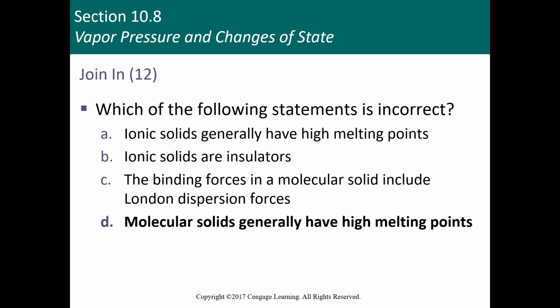So, for example, we have ice that you've probably had a lot of experience with, and you have things like CO2. They're all molecular, right? They would make molecular solids. And so you know that these do not have high melting points. None of those are solid at room temperature, are they? As compared to the others.